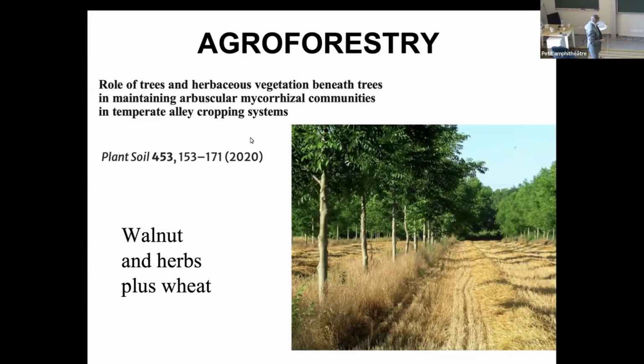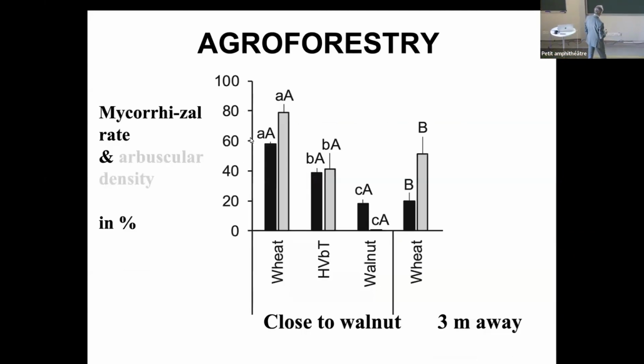In this nice paper from colleagues from INRAE in Montpellier, you can see that the mycorrhizal rate and the arbuscular, the intracellular symbiotic structures, are higher on the wheat close to the herbs and the walnut than far out of the influence of the row, 3 meters away.